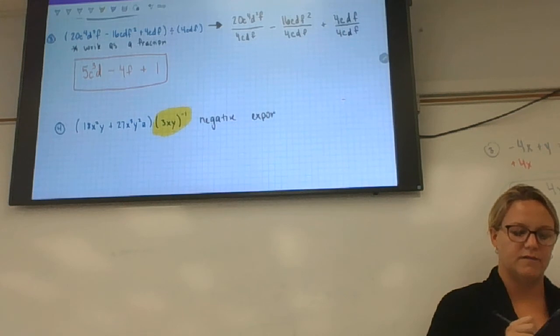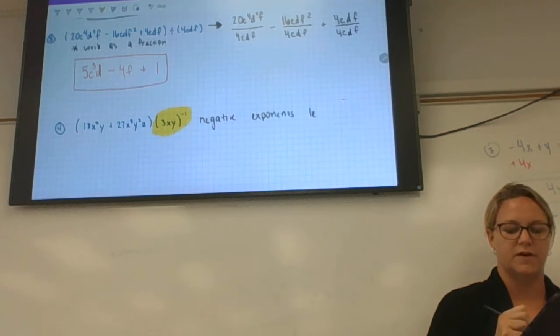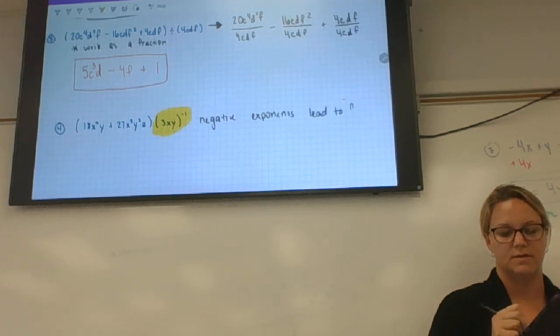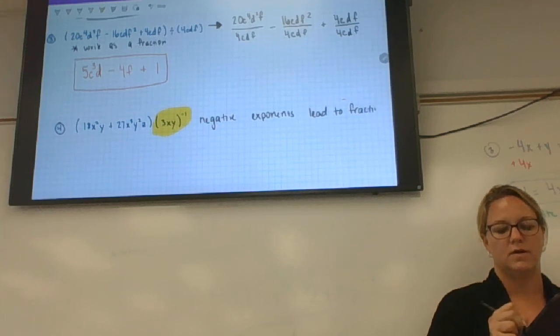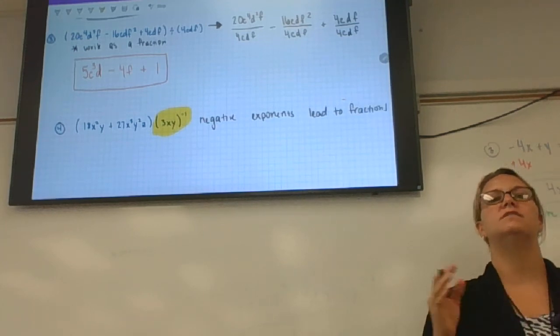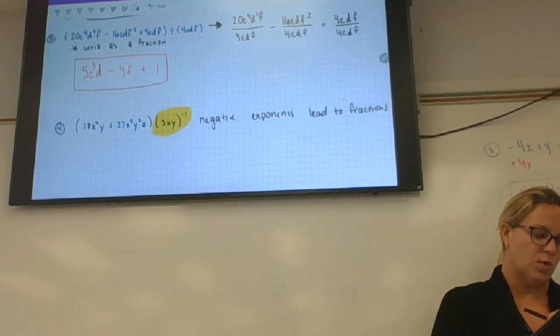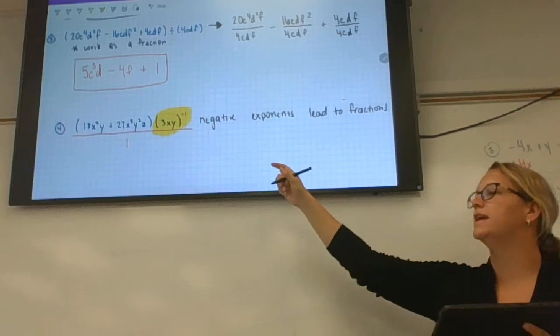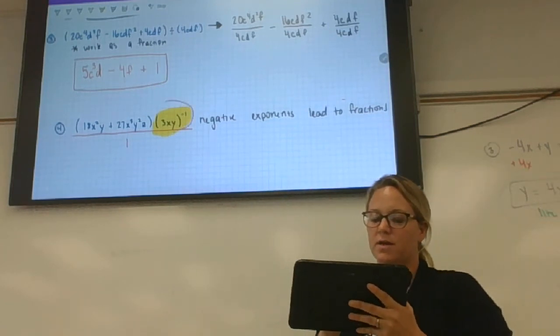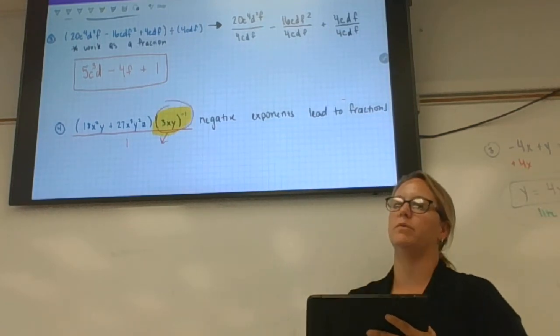Remember that negative exponents lead to fractions. Okay, so this presents differently, but it's the same problem. If I put this whole thing over 1, because that has a negative exponent, I would circle it and move it down to the bottom of the fraction.